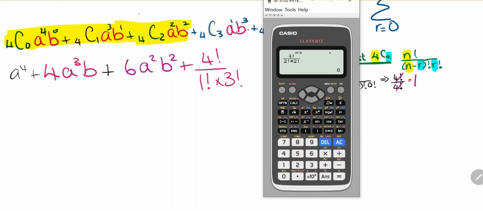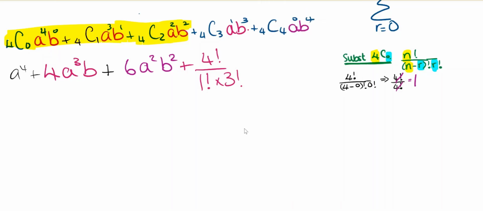In my calculator, 4 factorial divided by 3 factorial, and that is 4. So I'm going to replace this with 4, and a to the power 1 is just a, and then it's b cubed. So we've done this one.